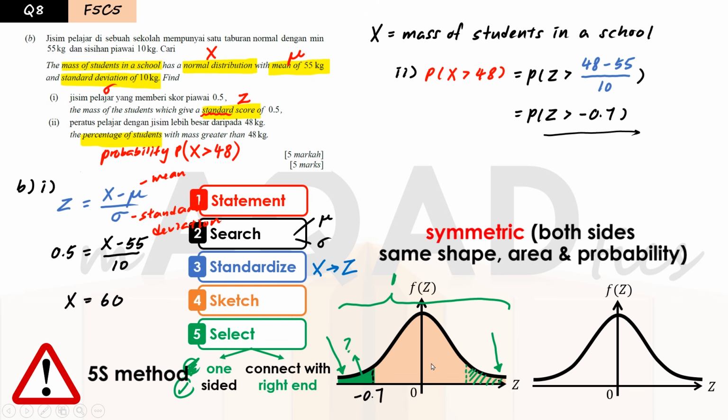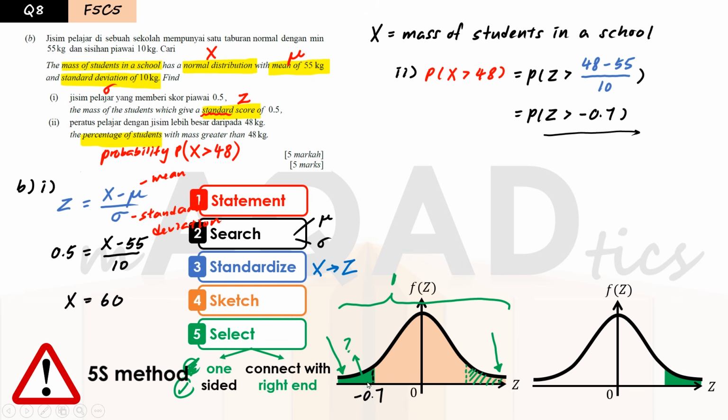So we are going to move this green area to the right side of the graph, from the left side to the right side, because the graph is symmetric. Same shape means same area, meaning same probability. Now we have moved this green region to the right side, and you can see that it connects with the right end of the graph. So we have satisfied both criteria.